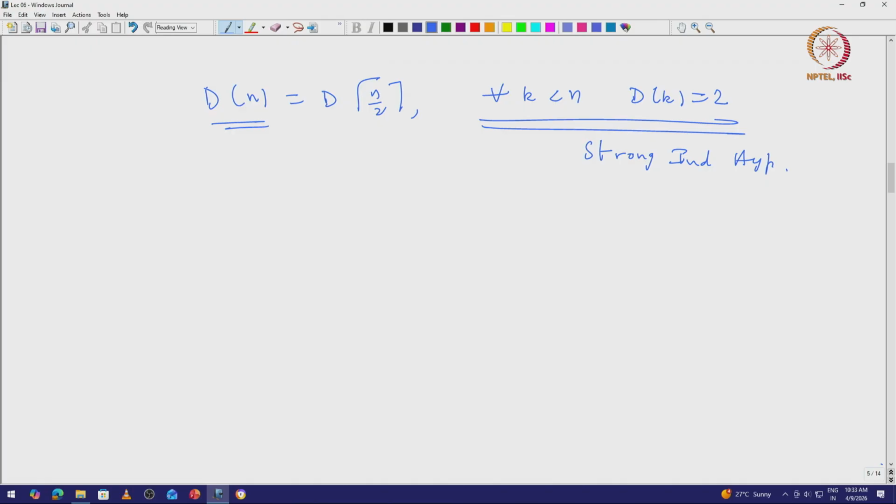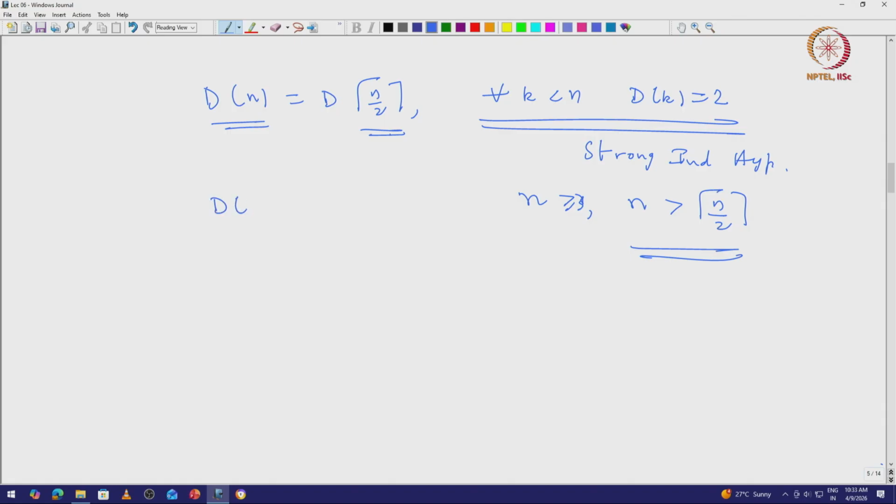When n is more than 2, like n equal to 3, this value will be smaller than n, right. N equal to 2 we have already taken. So, for any n greater than or equal to 3, n will be greater than ceil n by 2. So, this is a value smaller than n.